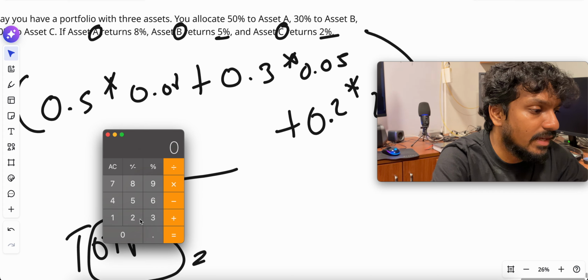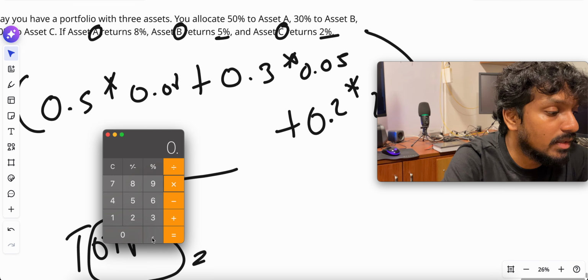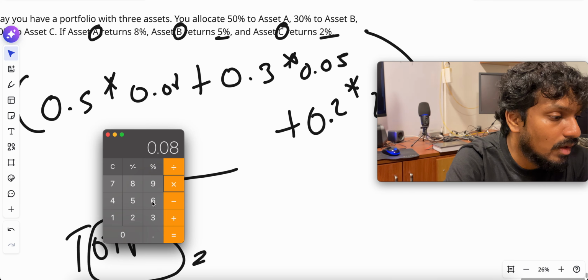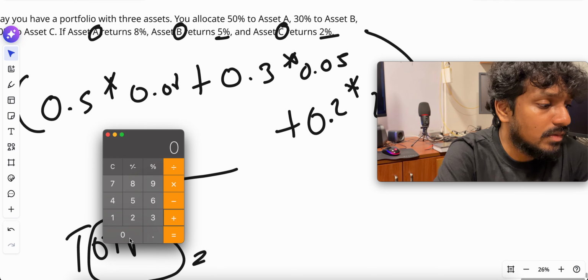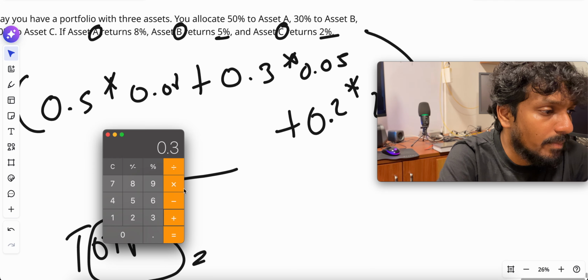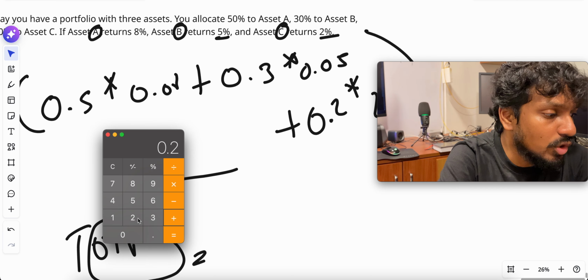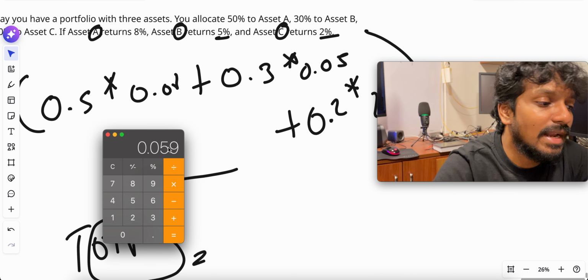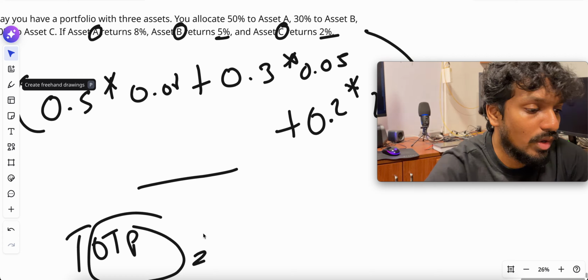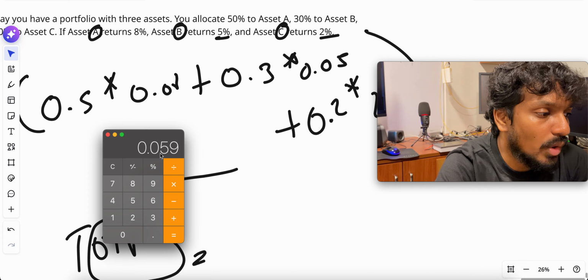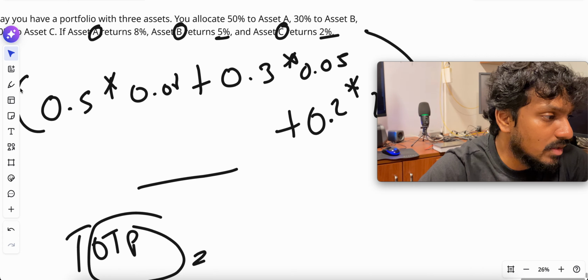First thing is 0.5 into 0.08 plus 0.3 into 0.05 plus 0.2 into 0.02 is equal to, and you will get an answer of 0.059. Okay, so I'm going to write 0.059.